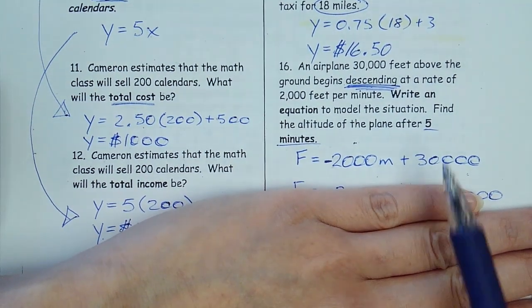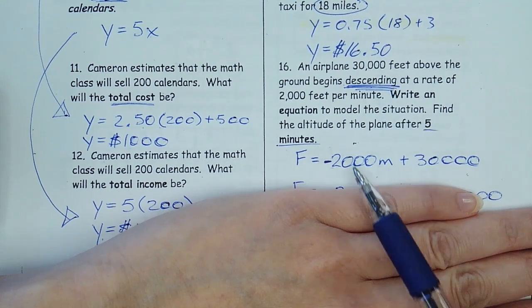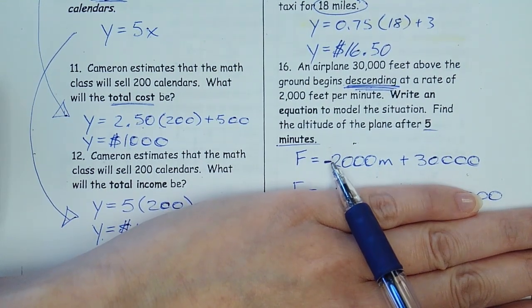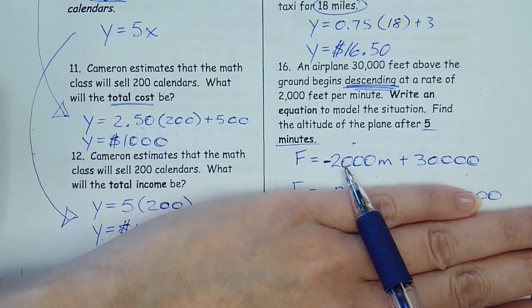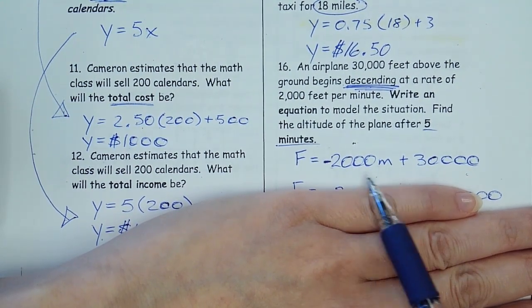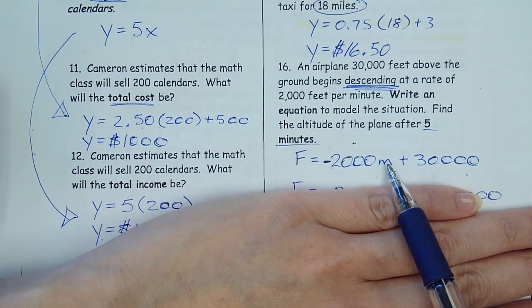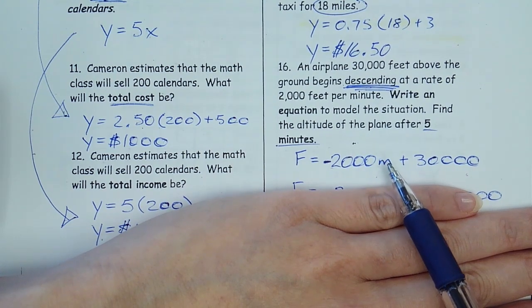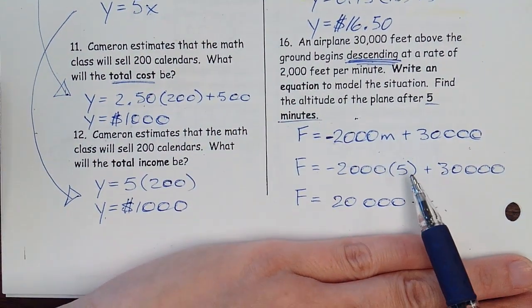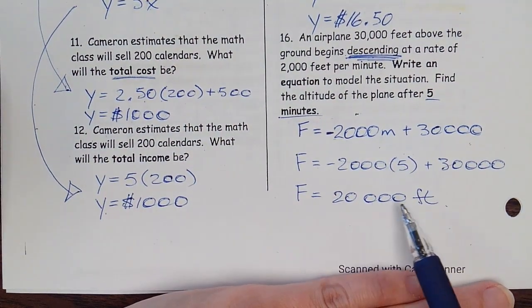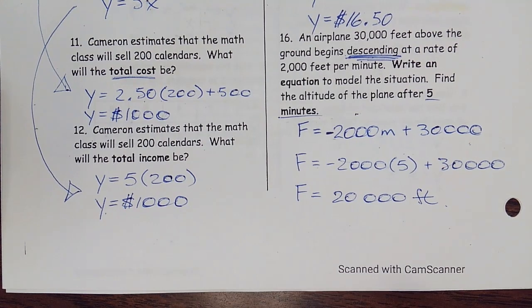You're trying to descend your plane, so that's why it's negative here. It doesn't matter if you put the 30,000 first or this first, as long as it's negative 2,000 M or 2,000 T or 2,000 K, okay? And so after 5 minutes, that means the plane is at a height of 20,000 feet.